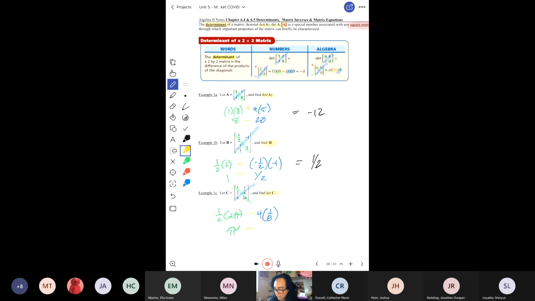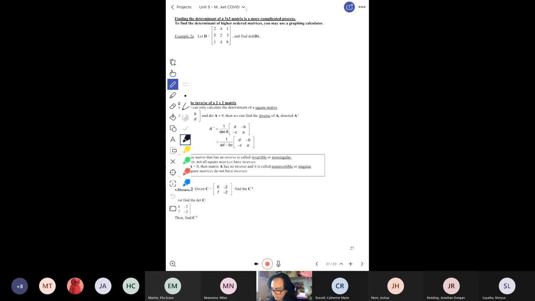Minus 4 times 1/8 is just 1/2. Now, can I do anything else with that? No, that's the determinant. We don't let pi equal anything and keep going. No, that's it.